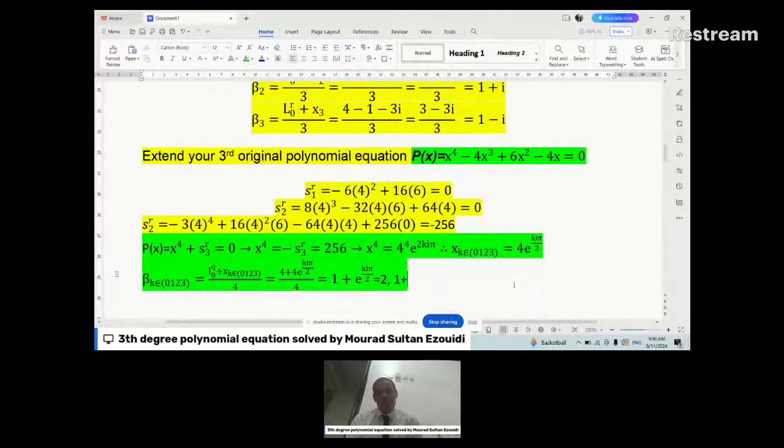then it will be 1 plus exponential, when k equals 1, it will be I. Then the next, when k equals 2, it will be 1 minus I. When k equals 3, it will be, learners, minus I. And the rest will be negative 4, and negative 4, and negative 4.